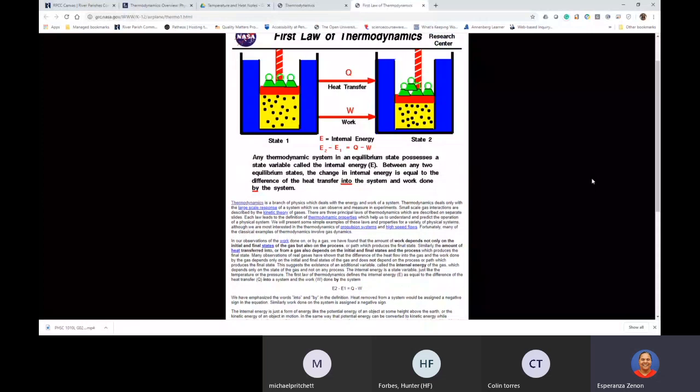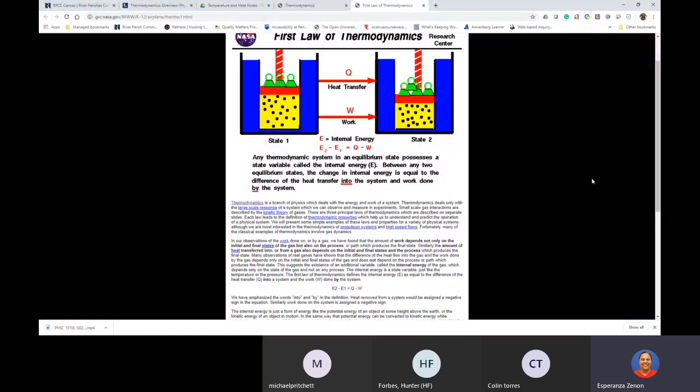We just need to know it changed. And the question is, how much did it change? Well, if we want to look at how much our internal energy changed, we can take our final value minus our starting value, the same way we've been doing all along, right? Delta means take the final value minus the starting value. So that's E2 minus E1.